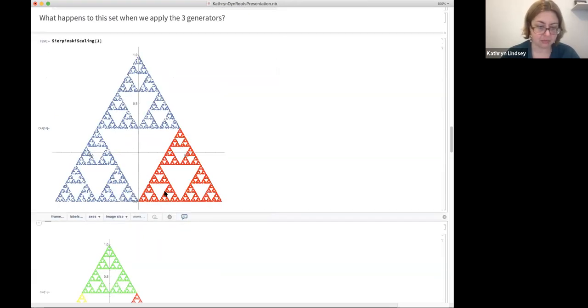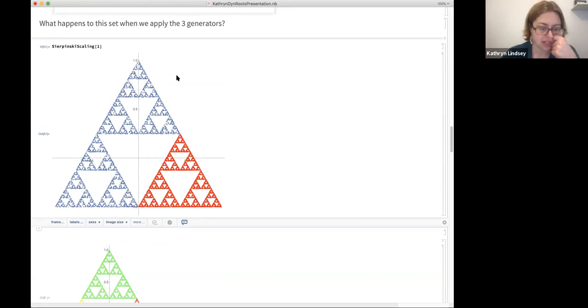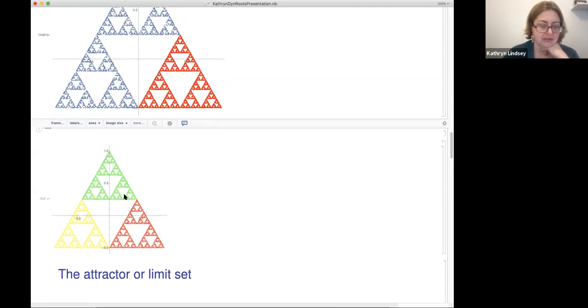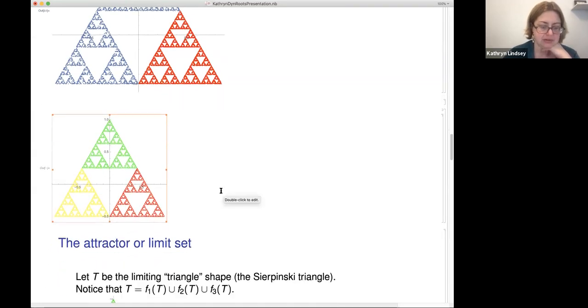Yes, we get the bottom right corner. So what are we seeing? We're seeing that this whole limiting invariant shape is made up of 3 pieces. And those 3 pieces are what you get when you apply each of the 3 generating maps to the whole shape. So here we see how the 3 pieces make up the whole shape.